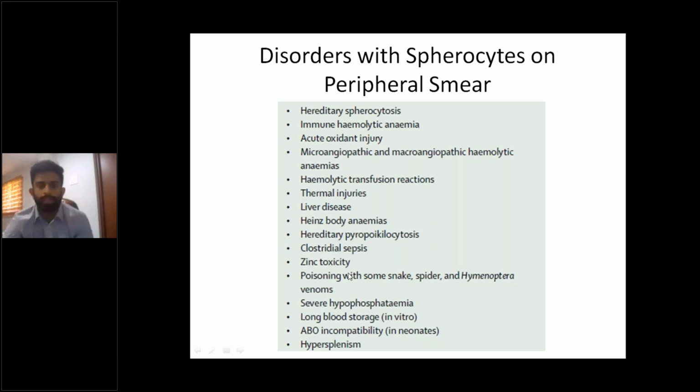Also clostridial sepsis, zinc toxicity, poisoning with some snake, spider, and Hymenoptera venoms, severe hypophosphatemia, long blood storage in vitro, ABO incompatibility in neonates, and hypersplenism. So these are the differential diagnoses of spherocytes on peripheral smear. If you get a similar peripheral smear, you may have to suspect all of these, although the clinical picture can point you more towards any sort of hemolytic anemia.